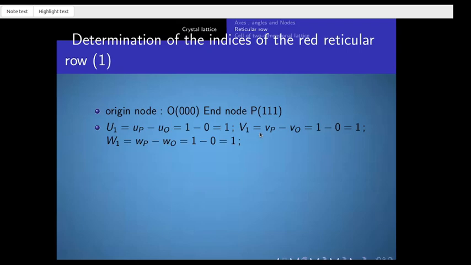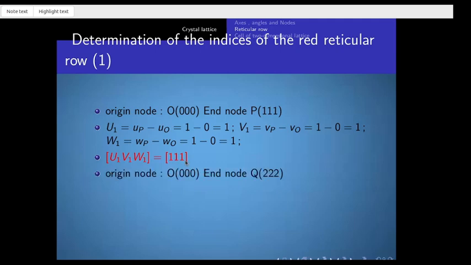V1 in the same way equals VP minus VO equals 1 minus 0 equals 1, and W1 equals WP minus WO equals 1 minus 0 equals 1. And we say that this row, the red row, has as indices U1, V1, W1 equal to 1, 1, 1.